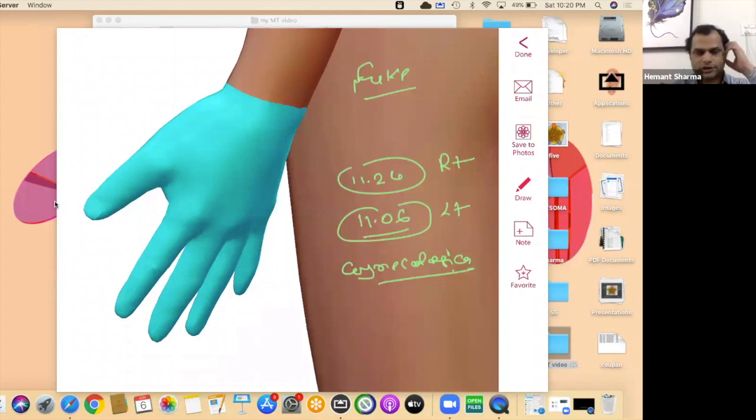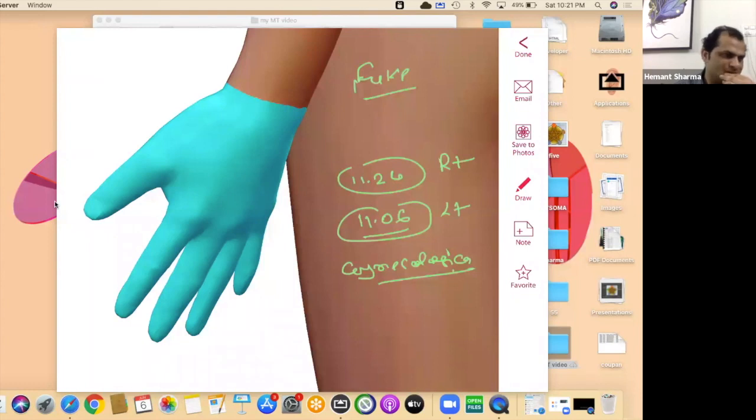So we are using 11.24 on one hand and 11.06 on the other hand, and we are making the combination. The 11.24 point will be on the opposite side if we know the problem. Like some female having an ovarian cyst and pain in the right knee. We can assume maybe a right ovarian cyst on the right side, but it may not be.